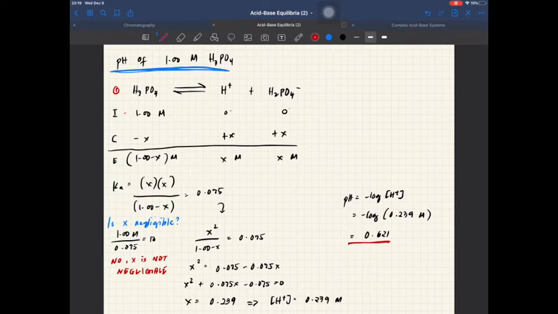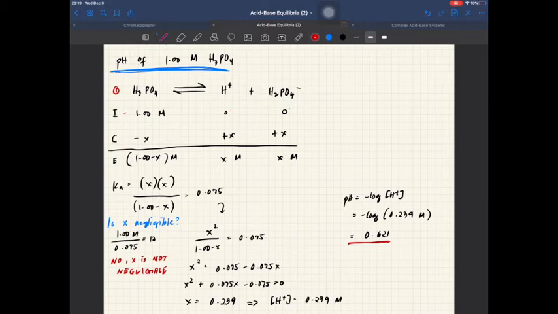In order to decide, we divide the initial concentration by the equilibrium constant value. So 1 divided by 0.075 is 13, and therefore x is not negligible. So we could not cancel x in this case. Therefore, we need to make use of a quadratic equation.